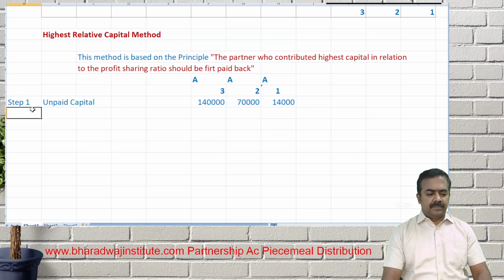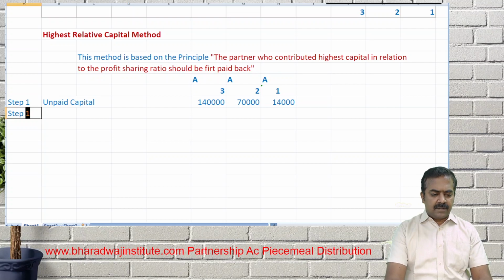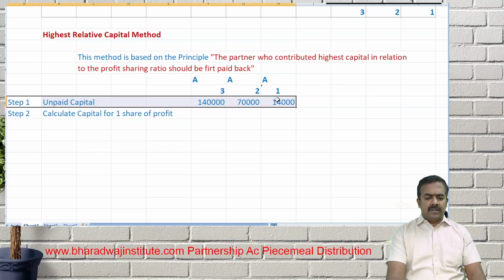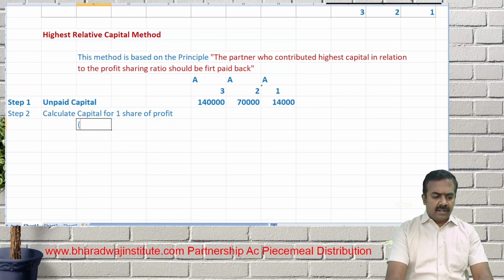Next, step 2. You write as theoretical steps. Step 2, calculate capital for 1 share of profit. Calculate capital for which one? 1 share of profit. Within bracket, step 1 divided by profit sharing ratio.